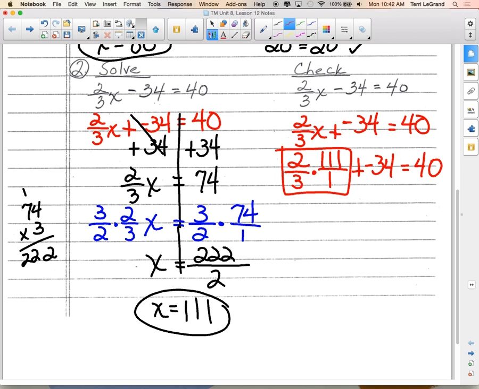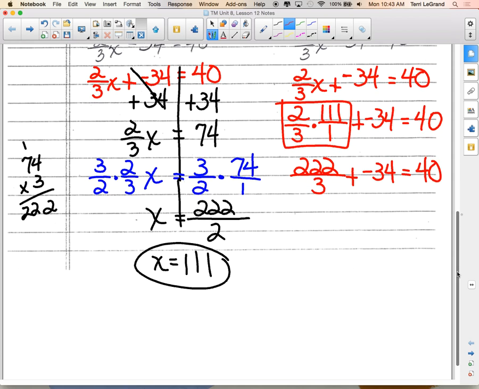Okay, 2 times 111, 222. 3 times 1, 3. Okay. Those other guys are just coming along. Do you know what I'm thinking we should do?